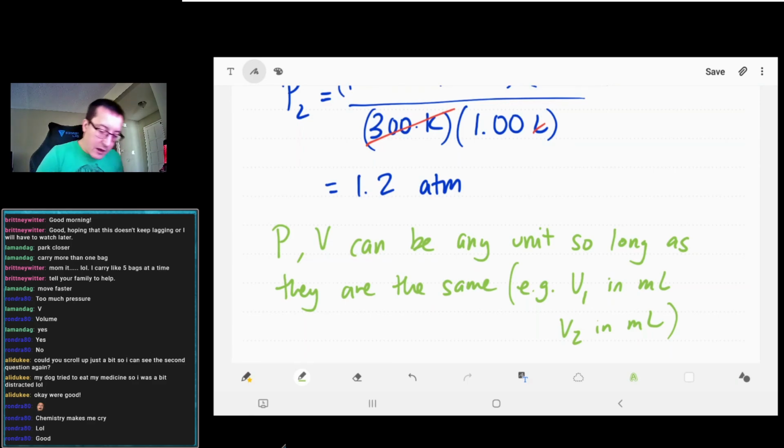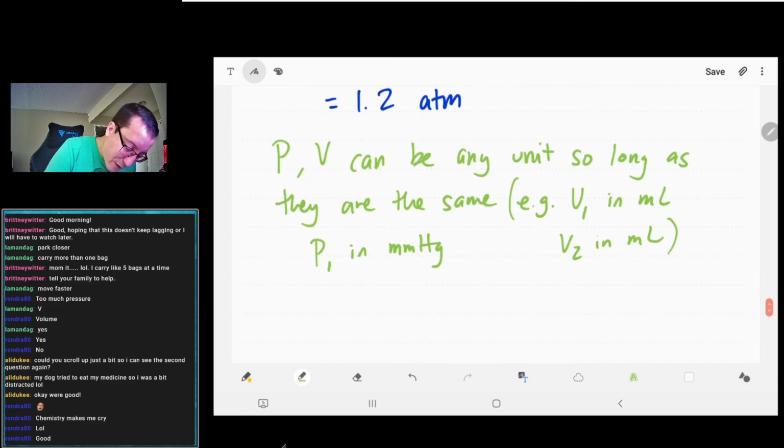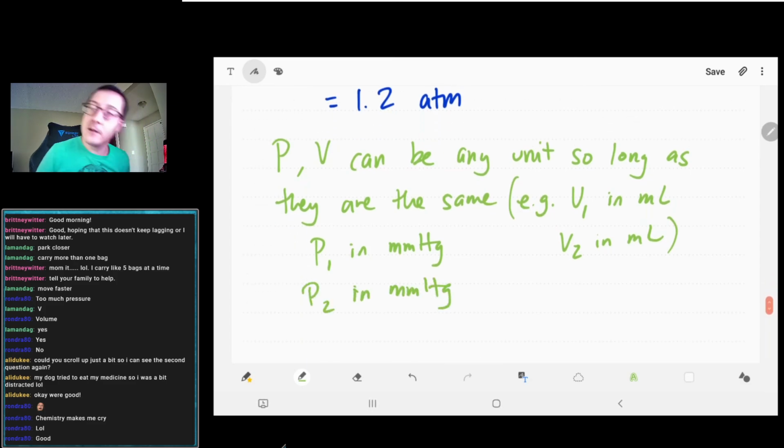So you can have pressure 1 in millimeters of mercury. That means you're going to get pressure 2 out as millimeters of mercury. It does not matter what your units are, as long as they are the same. So as long as your volumes are in the same unit and your pressures are in the same unit, use whatever units you like. You'll get the right answer.